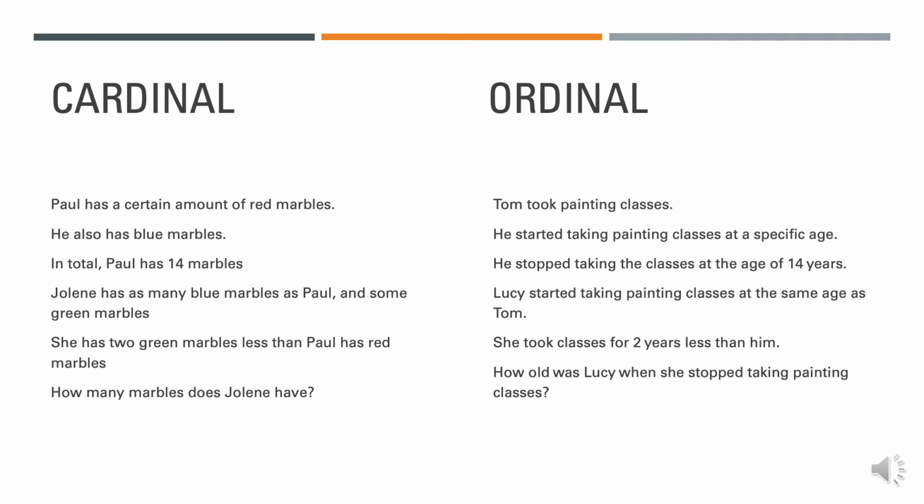This is just one of the sources of ambiguity, and where we think experts being asked, is this problem solvable, may take a little bit longer to think: do they mean to leave out this part of information about the green marbles? Is that intentional? We think it's carelessness on the writing of the questions, but this problem on the left-hand side is identified as solvable. However, if you assume that Paul has green marbles, it's no longer solvable.